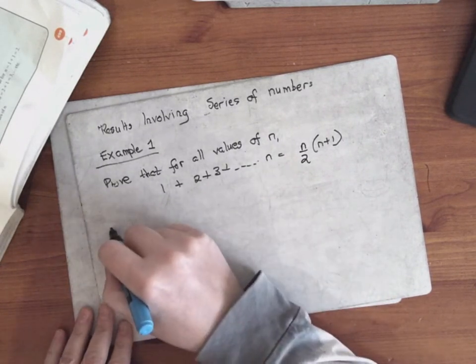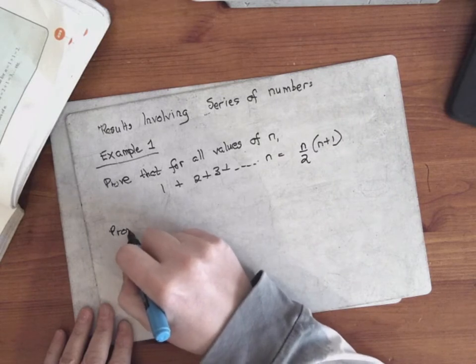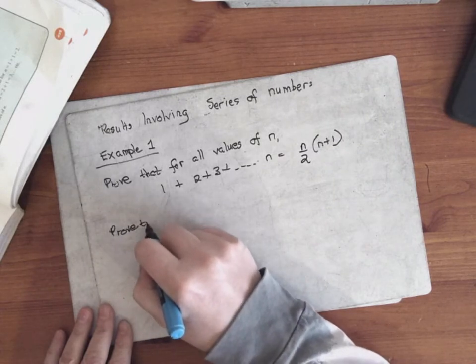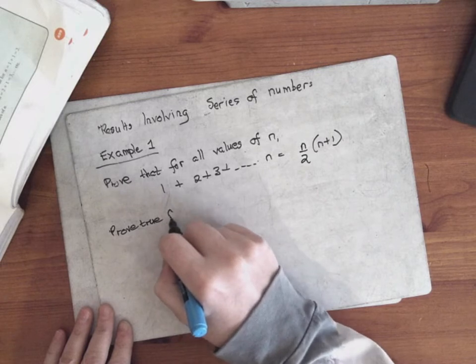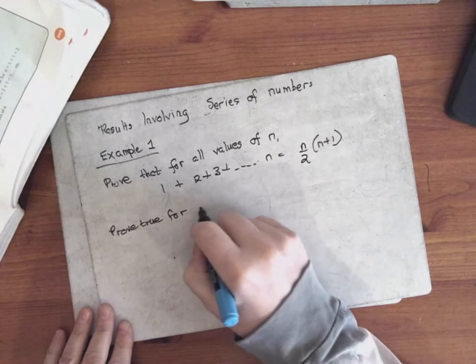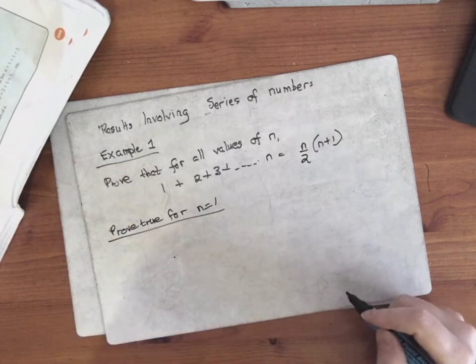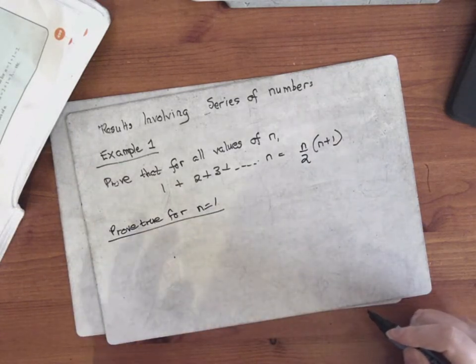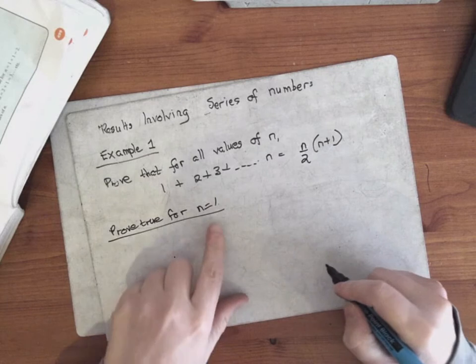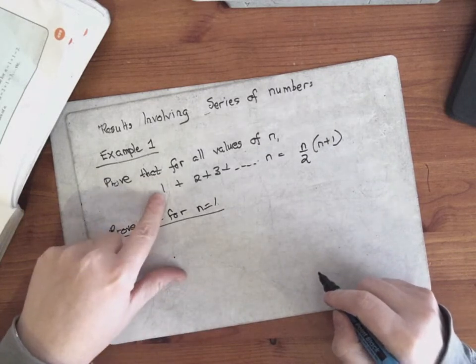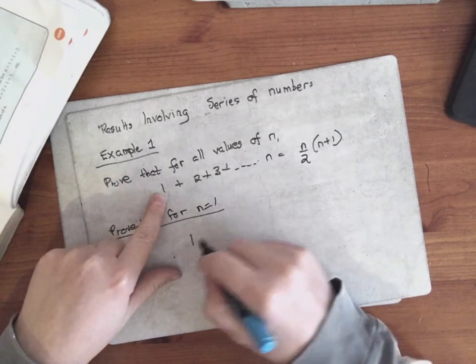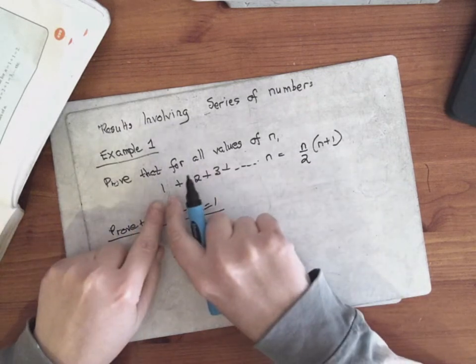You need to prove it's true for n equals 1. Remember, n stands for the position of the term. So n equals 1 is just the first term, which is 1, on the left hand side.